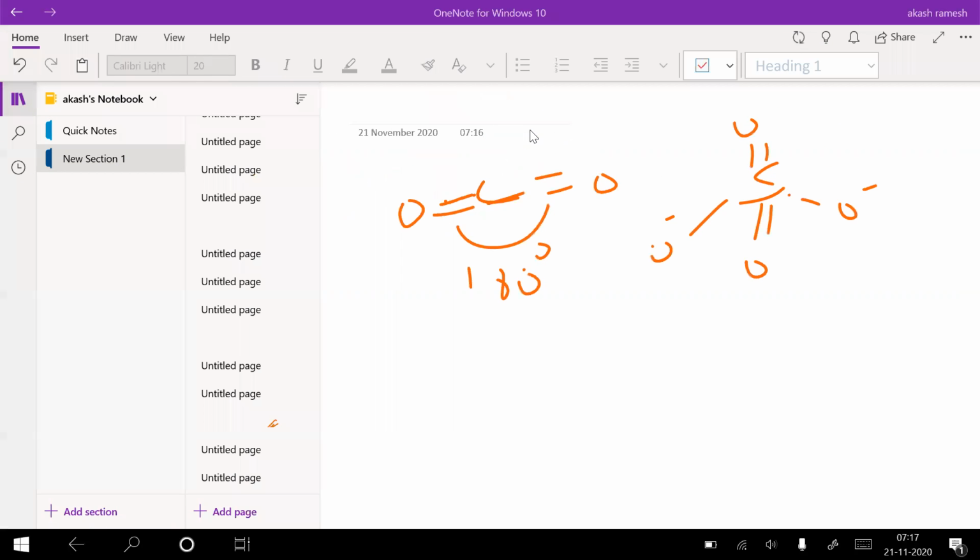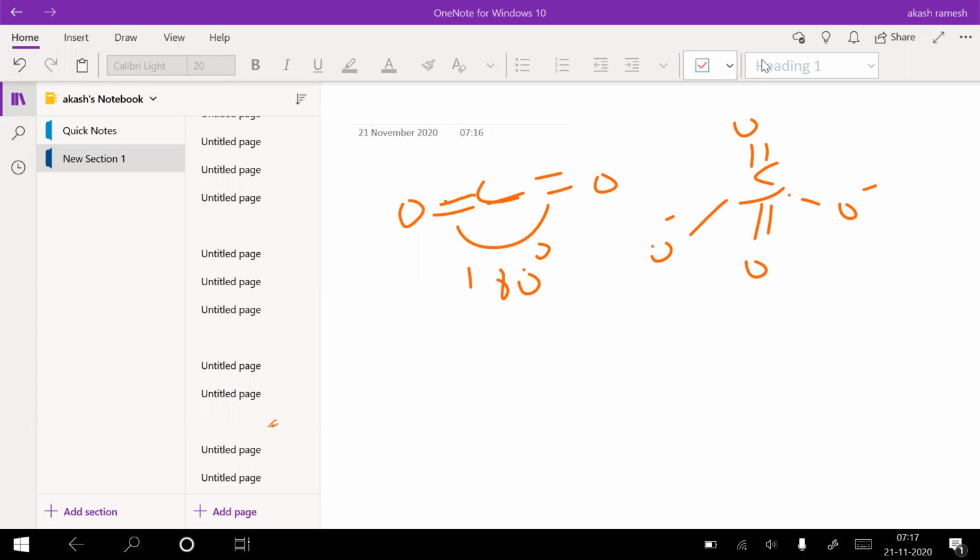Does sulfur have a lone pair in SO4 2 minus?